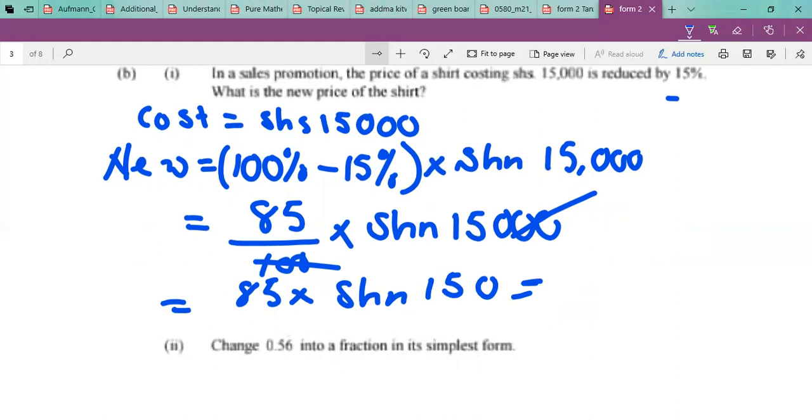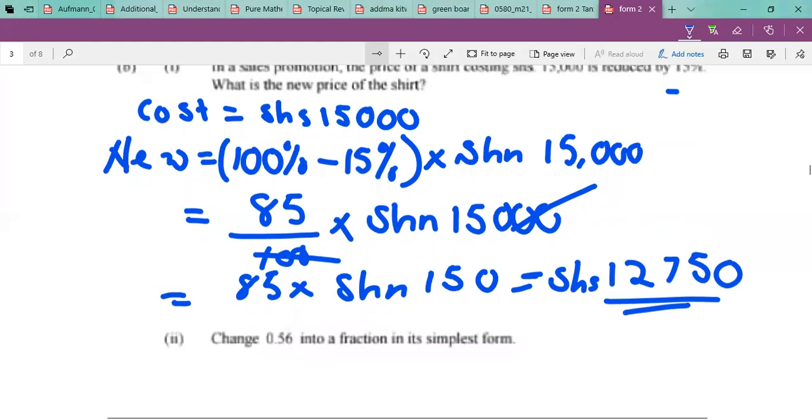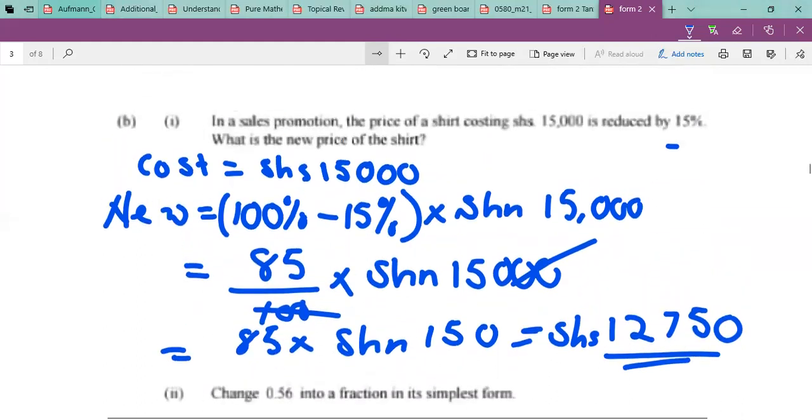It's going to give you 12,750 after a reduction of 15%. So you'll be selling at 12,750 shillings. This was Roman numeral 1, take note.